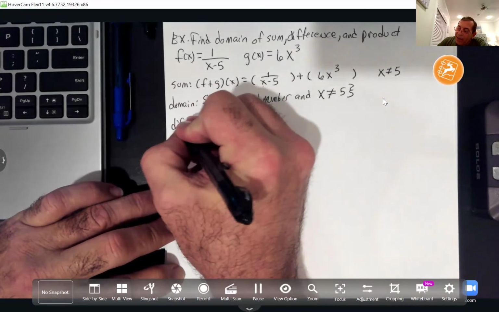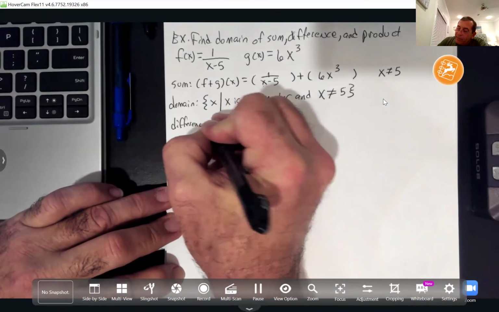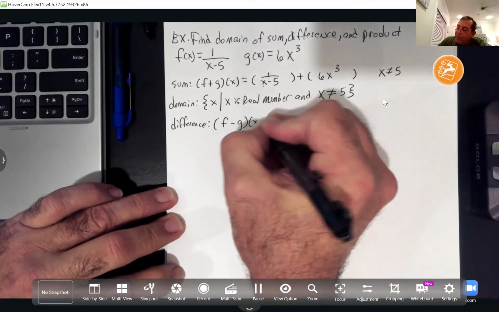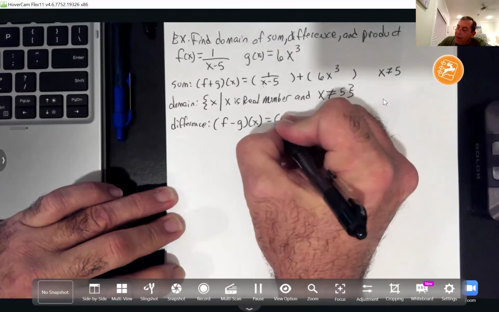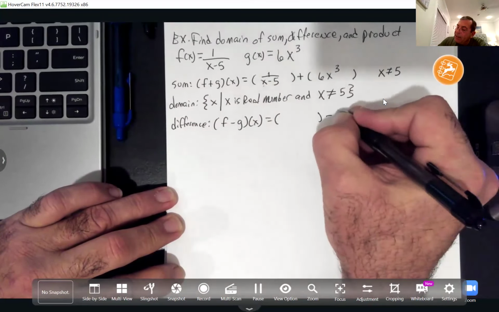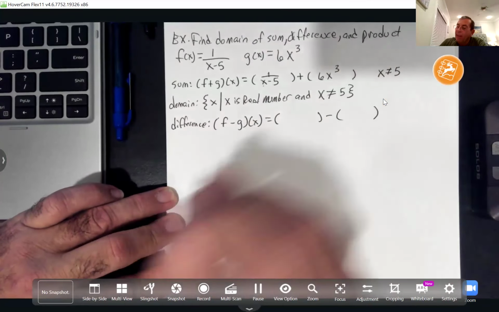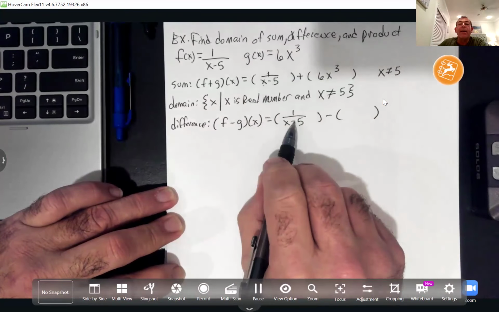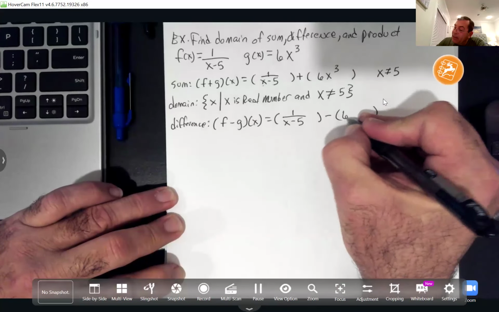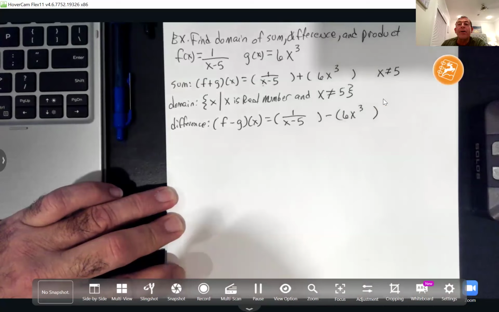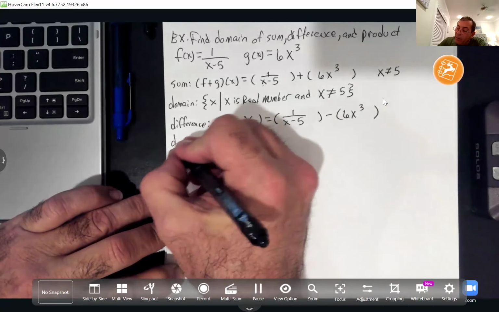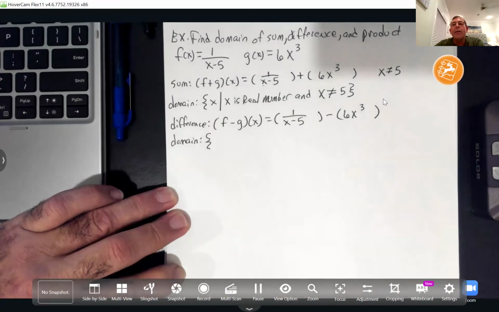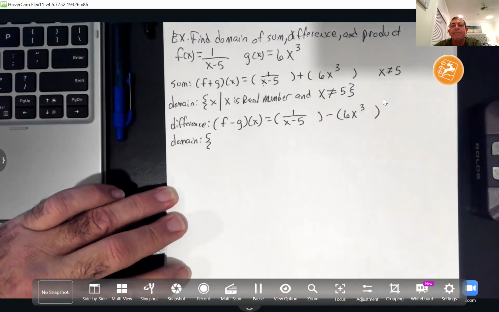So now you got your difference. F minus g of x will equal my f minus my g. So y'all, 1 over x minus 5 is my f. 6x to the third is my g. So my question for y'all, what is my domain?